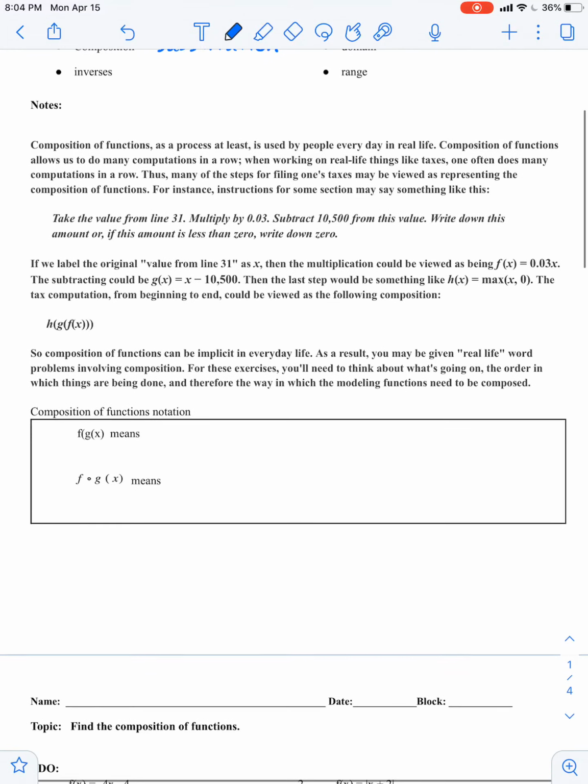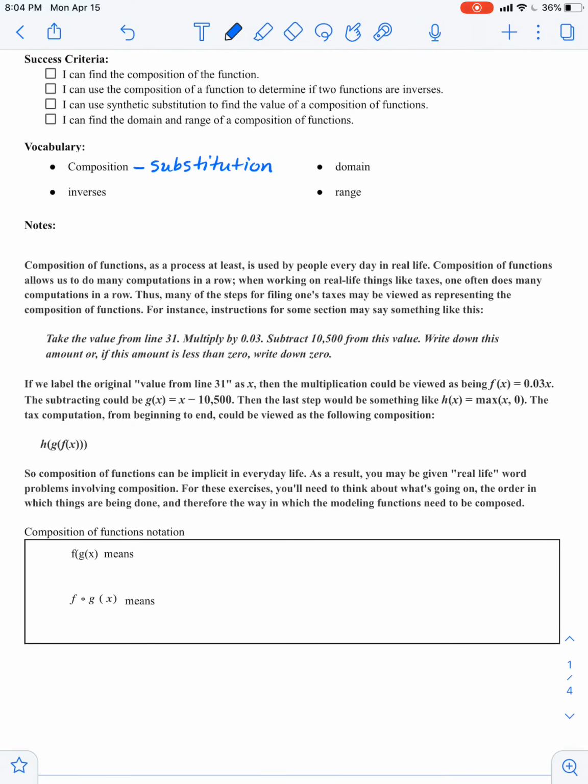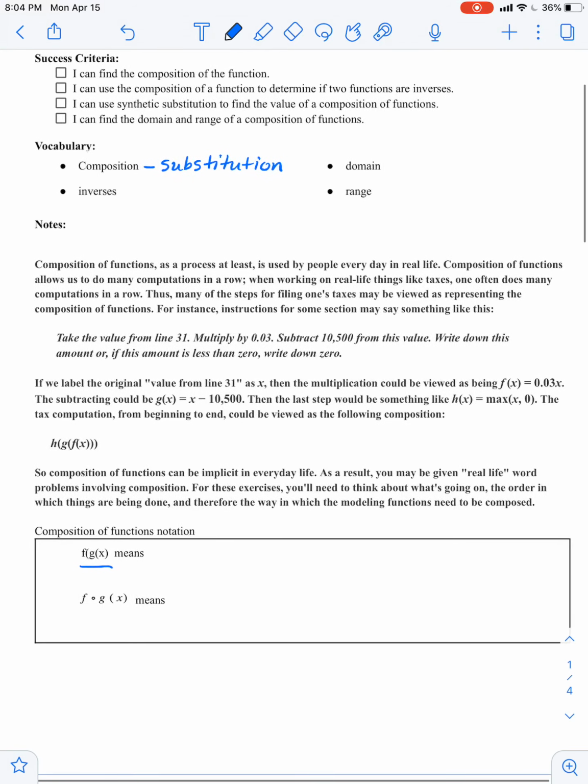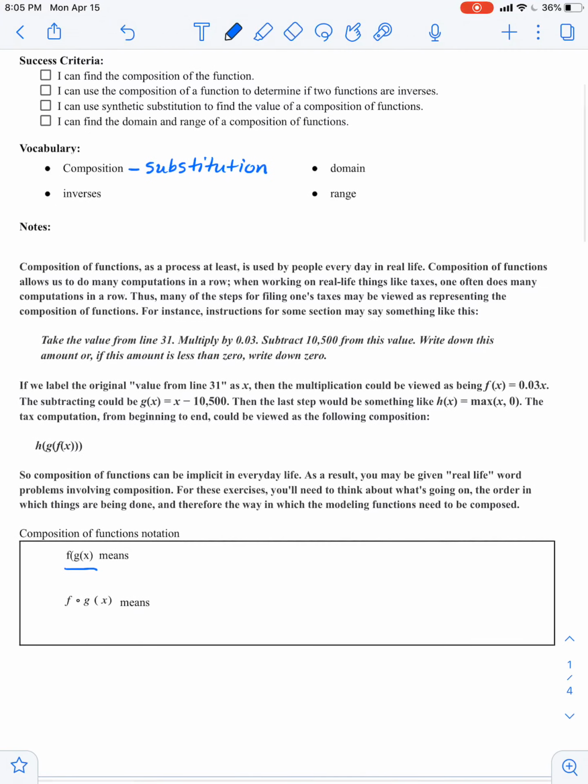So our notation that we're going to have is this notation right here, and you could see it in either way. The first one is just using the parentheses, and what that means is substitute g of x into f of x.